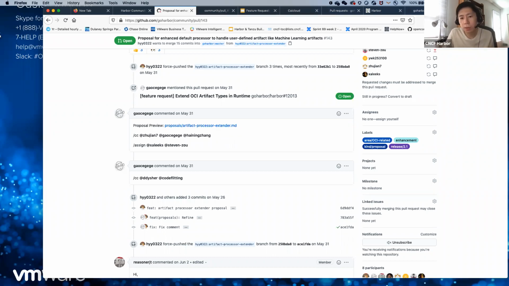And there really wasn't a content management system or a registry type of product geared towards machine learning data models on the market. So TiCloud was a company that had worked with Harbor pretty early on. They actually have a productized version of Harbor.